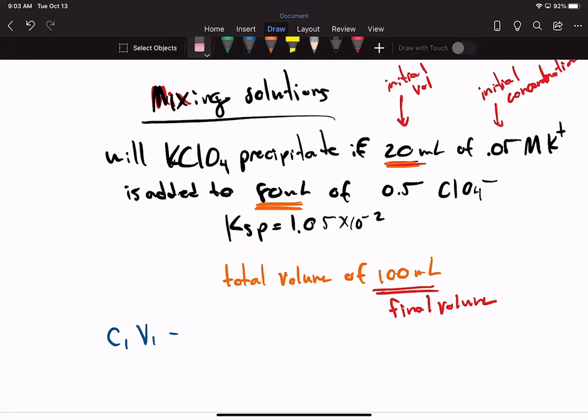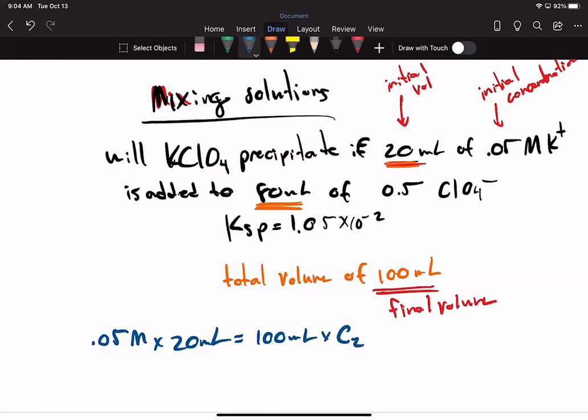So from this we can calculate the final concentrations. That's all we need, the final concentrations, since I have the KSP. Let's make those calculations. 0.05 molar times 20 milliliters equals 100 milliliters times our final concentration.